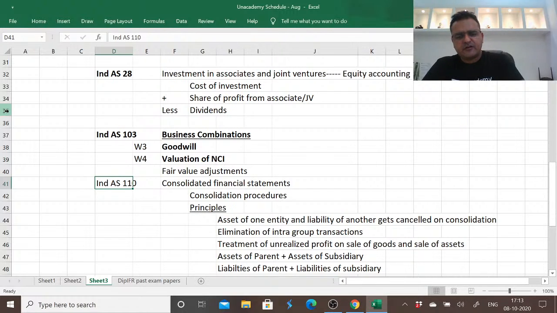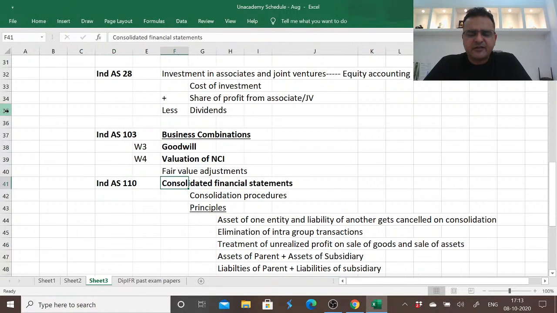Ind AS 110 Consolidated Financial Statements defines control and assesses control. So there is a complete assessment of whether an entity controls another entity on the last day of the reporting date.